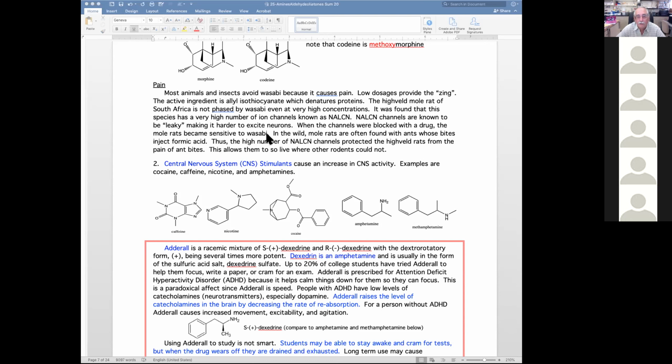Okay. So why would the mole rats have this adaptation? Because they're found where ant bites, with these red ants that inject formic acid. And it protects them from the pain of the ant bites. So they can live where other rodents cannot live.